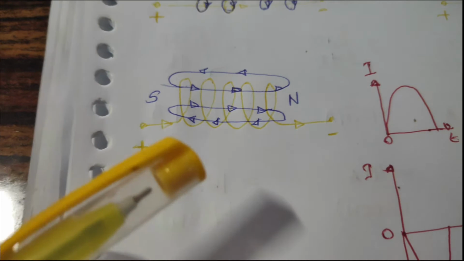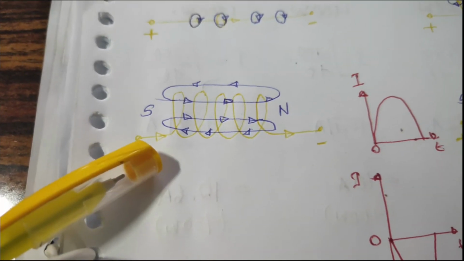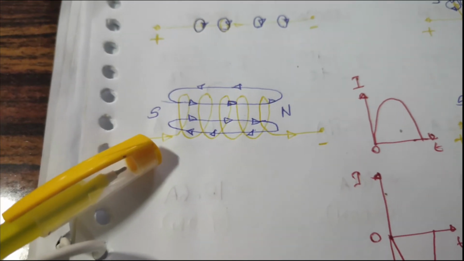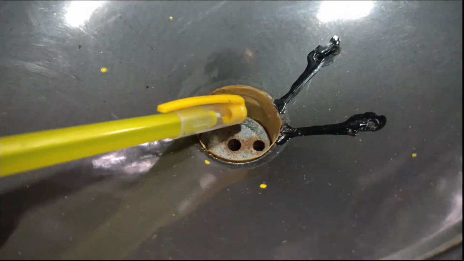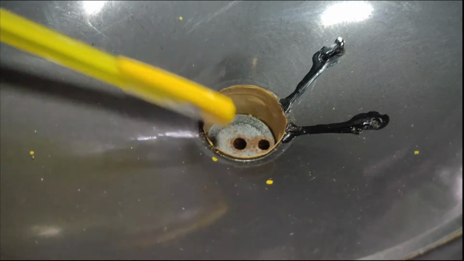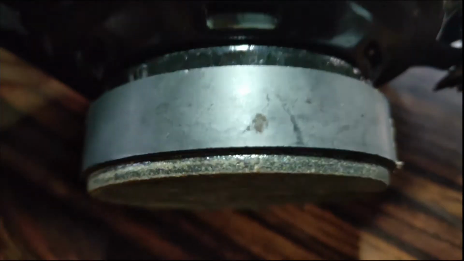Whenever multiple turns are formed using the same conductor, we call it a solenoid. Unlike a single turn conductor, a solenoid has many turns, which helps in increasing the magnetic power produced. This is why the number of turns directly affects the power of an electromagnet.